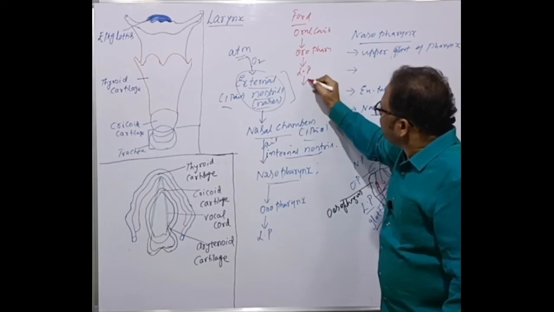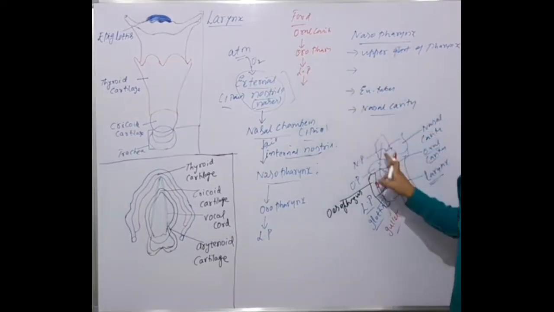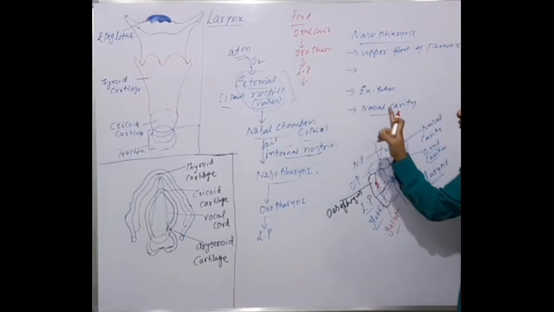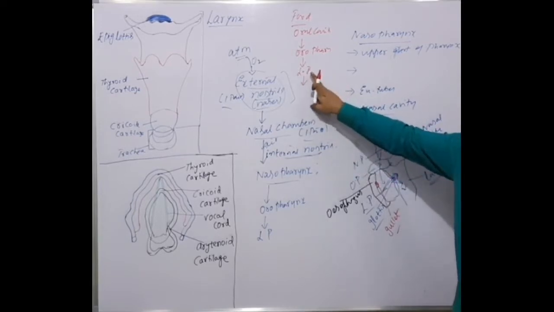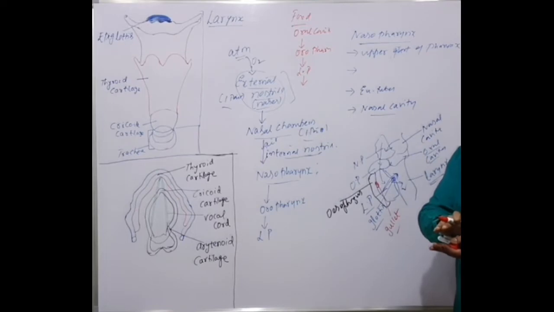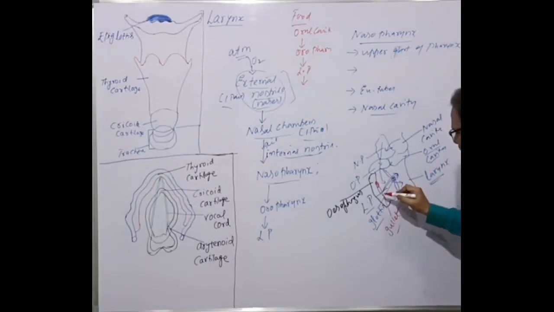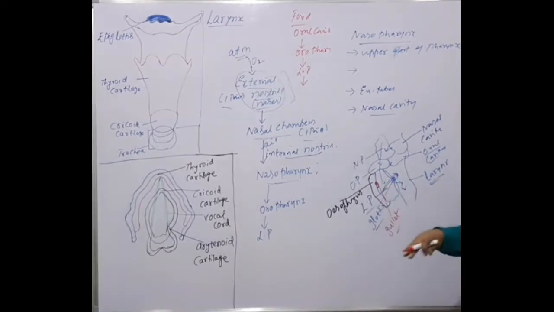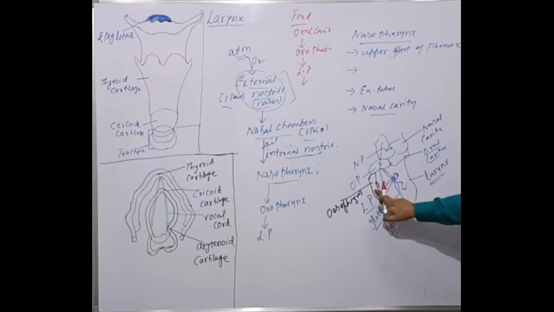The laryngopharynx. From the laryngopharynx, it is not entering into the larynx. Why is the food not entering from the laryngopharynx into the larynx? Because when the food is passing, the glottis is closed by the epiglottis. When the food is entering, not air. When the air is entering from the laryngopharynx, the epiglottis opens the glottis so that air passes freely from the laryngopharynx to the larynx.